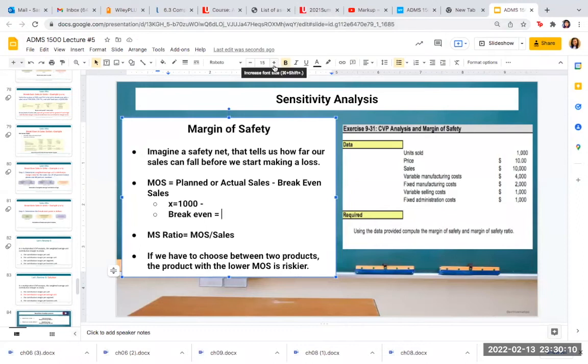is equal to our fixed costs divided by our contribution margin per unit. That'll give us our break-even in units, right?